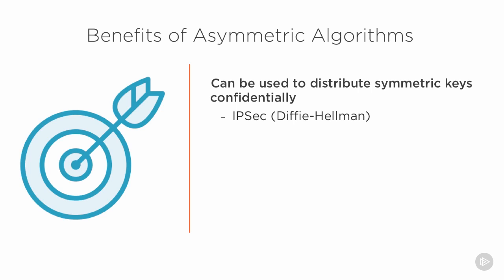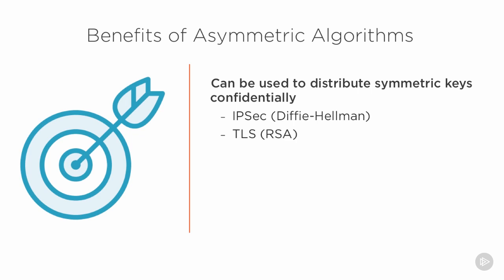So here's some of the places we use this. We use these if you've ever set up, for example, an IPsec VPN using Oakley ISAKMP. You've actually then used the very first implementation of asymmetric algorithms known as Diffie-Hellman. And Diffie-Hellman is what we often call the key agreement protocol, so that the two parties can agree on the symmetric key they're going to use based on asymmetric encryption.